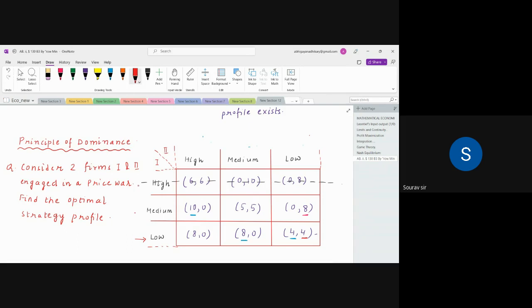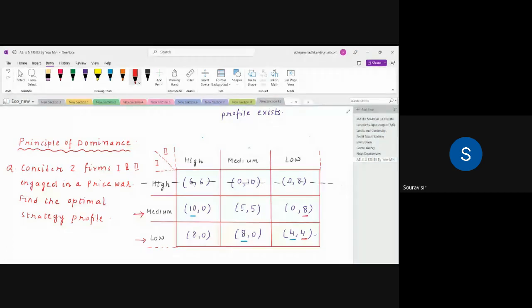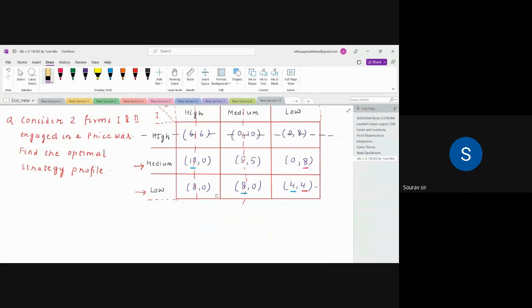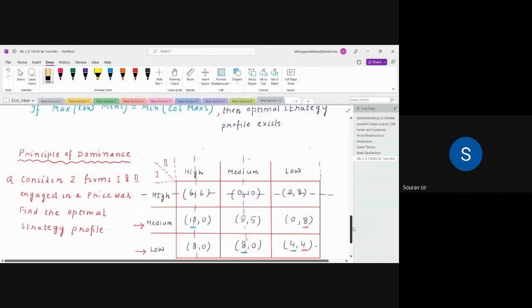That means no matter what player one chooses, medium or low, player two will always play low. That means for player two, high and medium are dominated strategies. Could all of you follow this? So these two columns are out of the story.